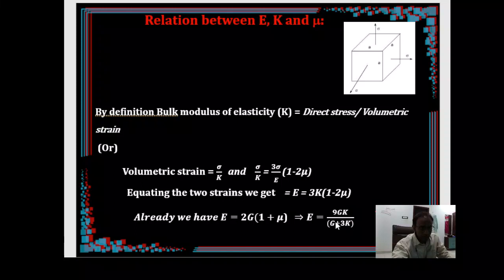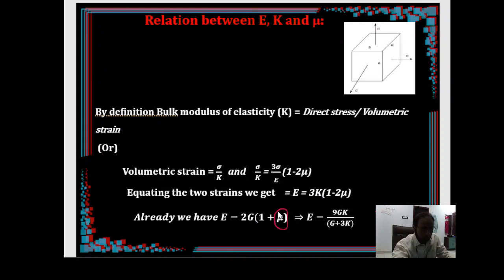How to do that? We have the relationships E equal to 2G times 1 plus mu and E equal to 3K times 1 minus 2 mu. You can simply rearrange the terms.